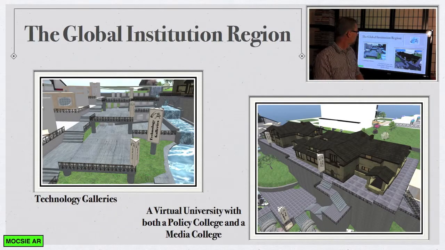with existing technology. The other thing which we would have on these major hubs is that's where the virtual university would be housed. Here I have a representation of a policy college and a media college and the technology galleries. And these are the residences that are attached. So these individuals who become the experts in technology, who teach social entrepreneurs how to use Second Life and how to navigate it.